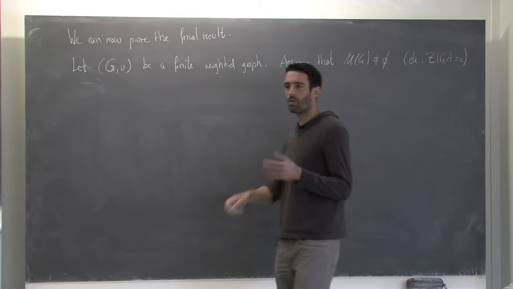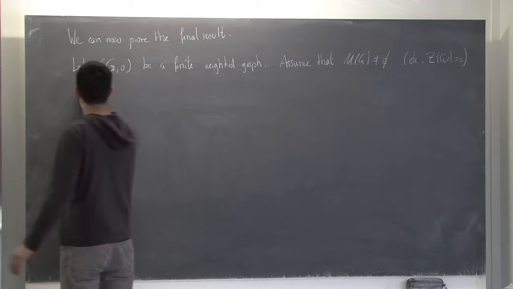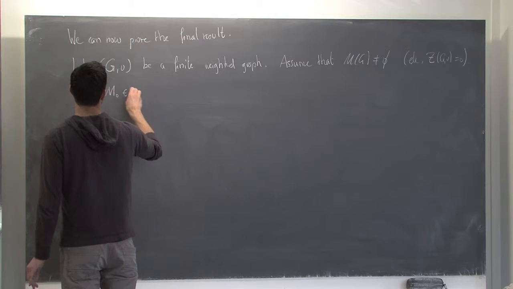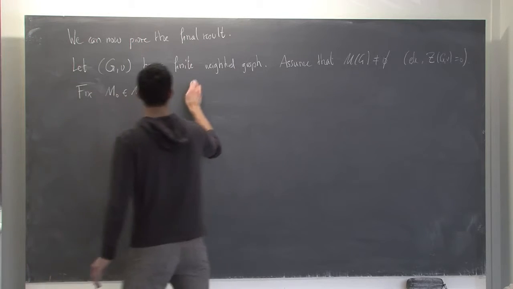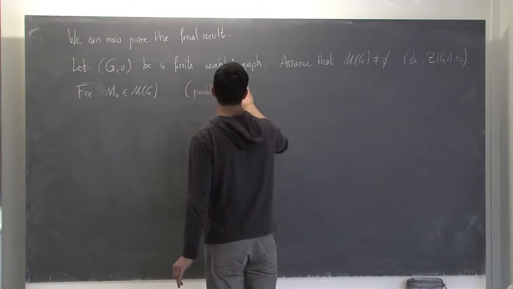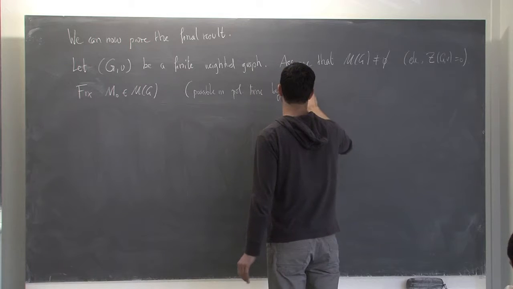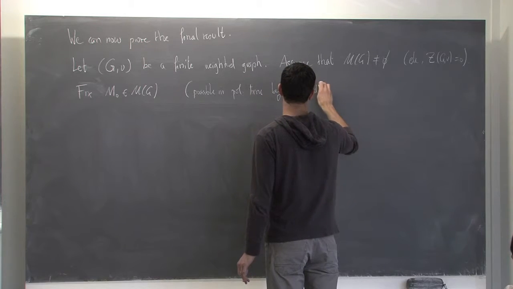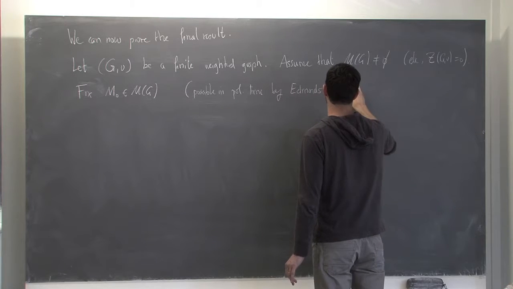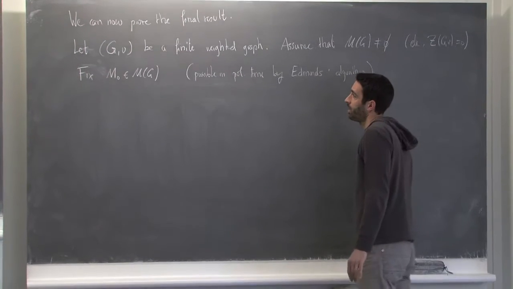Then we know that we can find one in polynomial time. So then fix one, a reference one, M0. This is possible in polynomial time by Edmonds' algorithm.